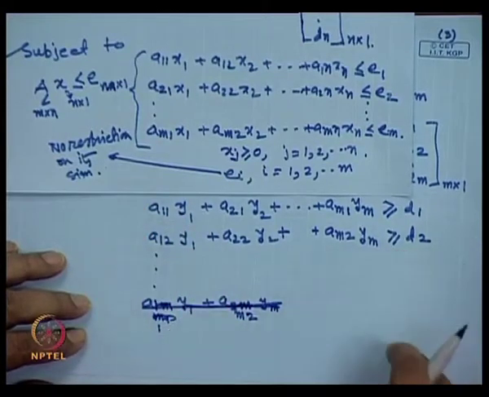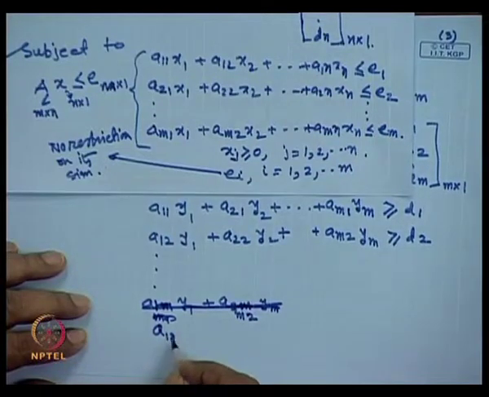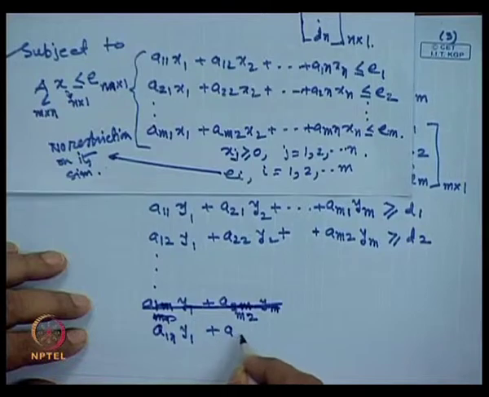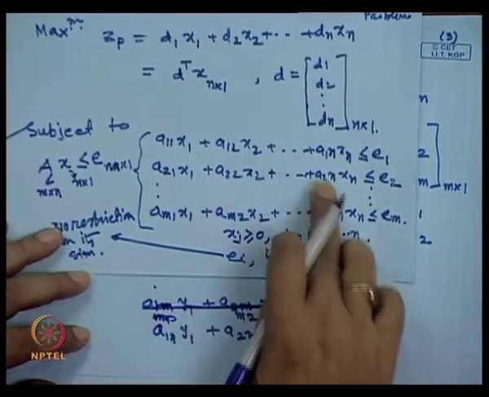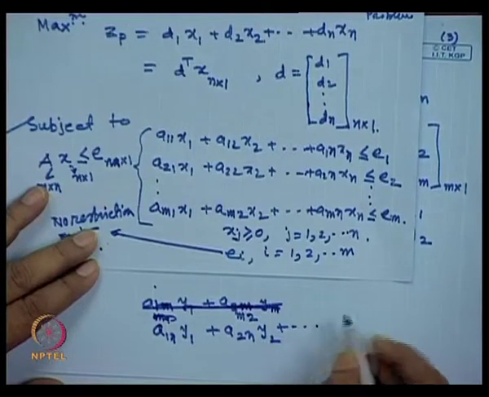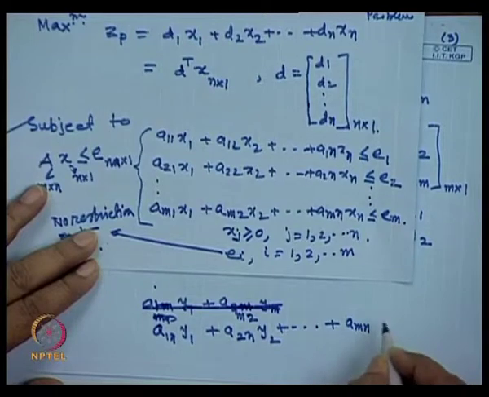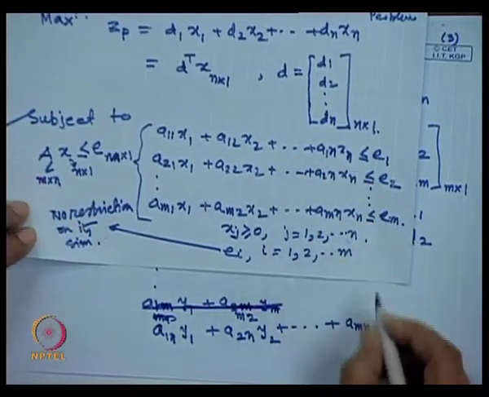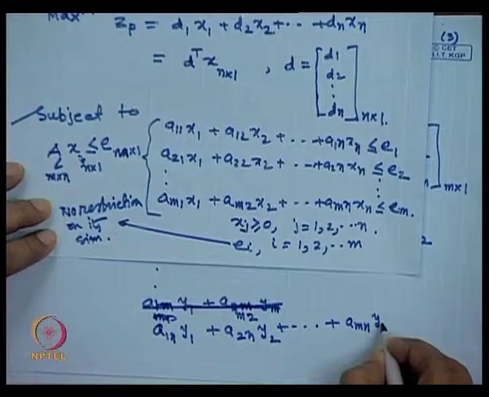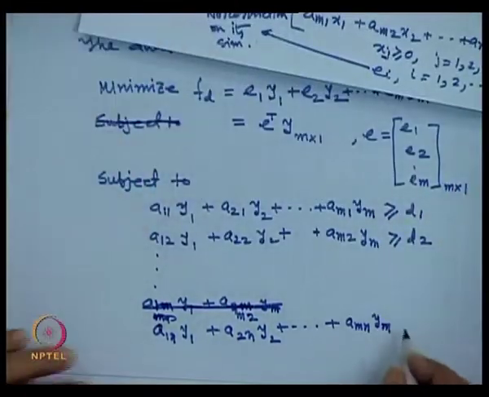There will be n equations. So the last column is A1n into Y1 plus A2n into Y2 plus and so on, plus Amn into Ym, greater than or equal to Dn.